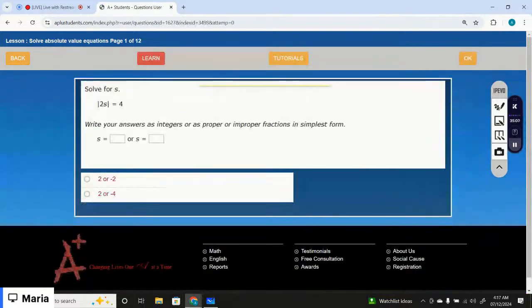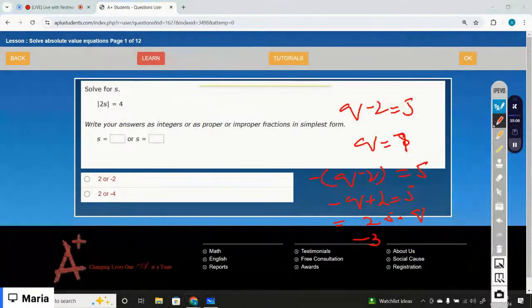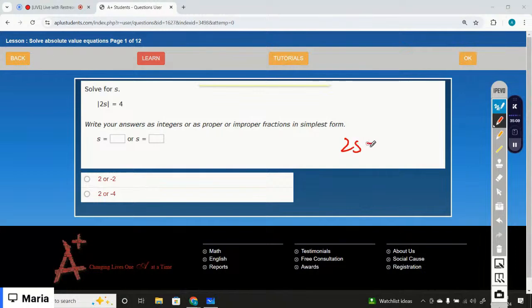Okay, solve for S, the absolute value of 2S equals 4. Because that is an absolute value equation, the solutions are 2S equals 4 or negative 2S equals 4.